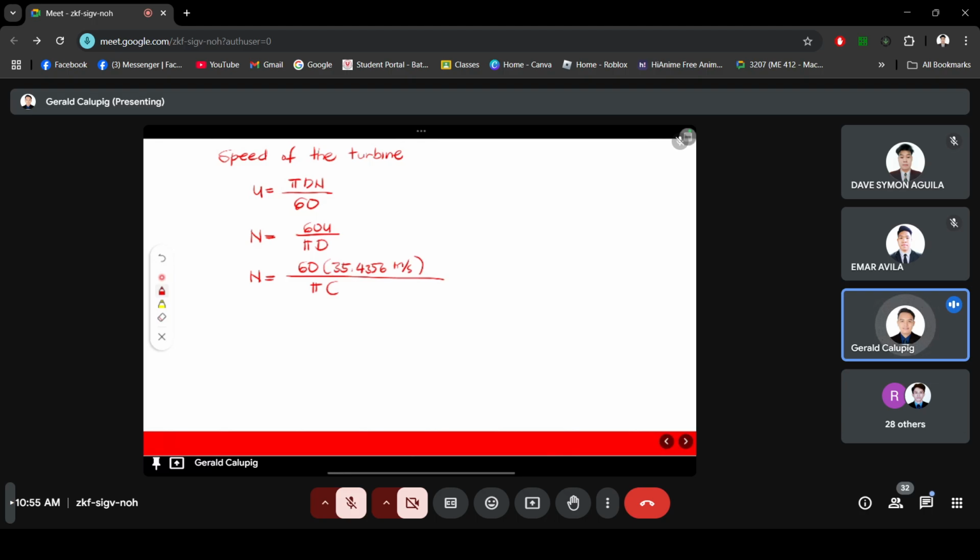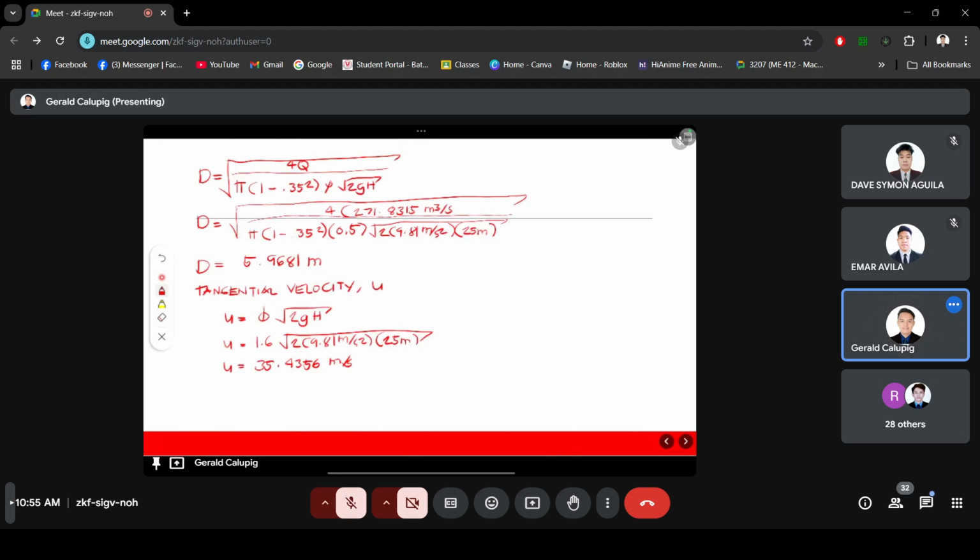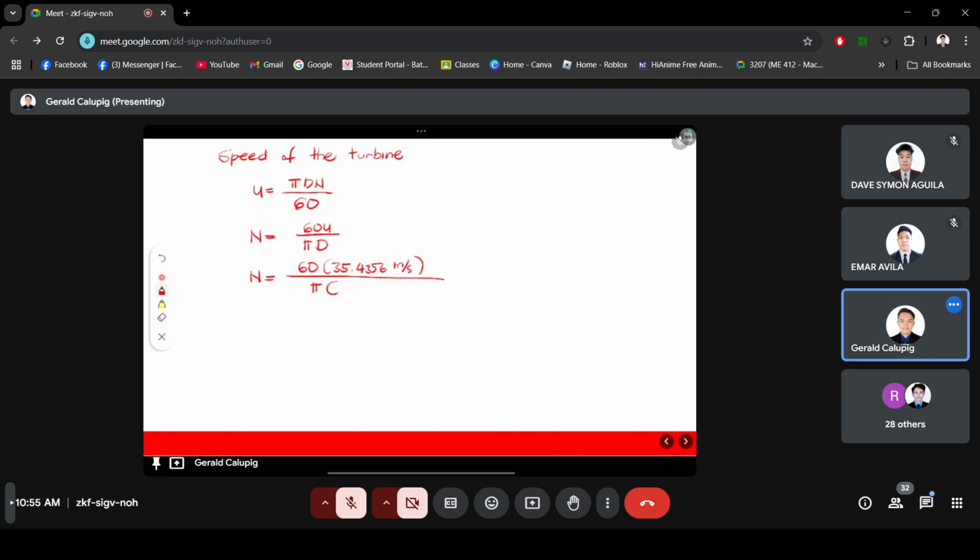What is our diameter kanina? 5.9681 meters. So we can have our value ng n in terms of RPM is equal to what? 113.3978. Okay? Same po ba sa iba? Nakuha po ba?